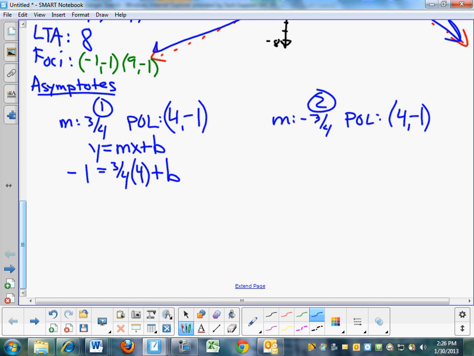That's what we're solving for. -1 equals 3 plus b. -4 is b. Question? Equation for the line: y equals 3/4 x minus 4. Any questions how I wrote an equation for a line?